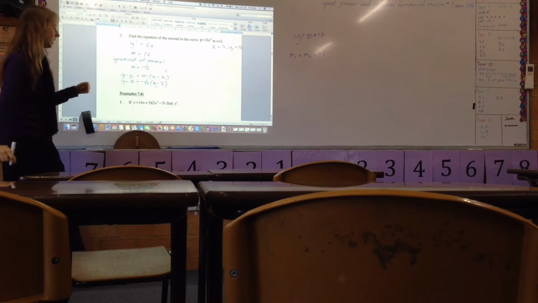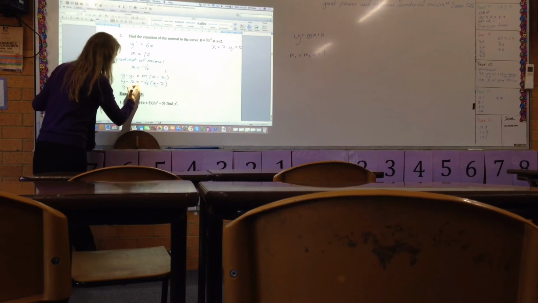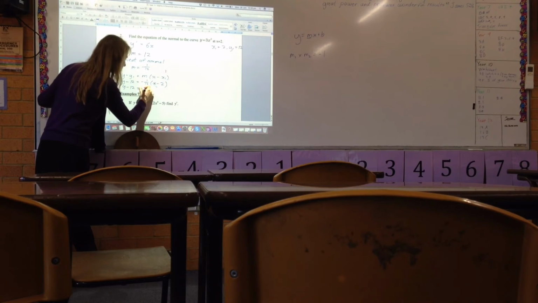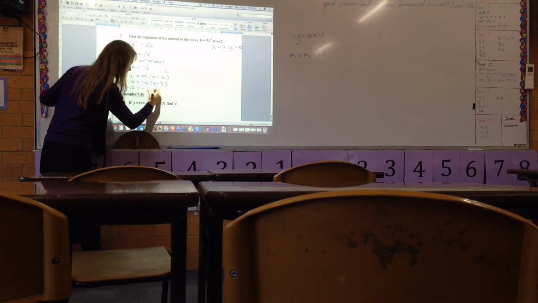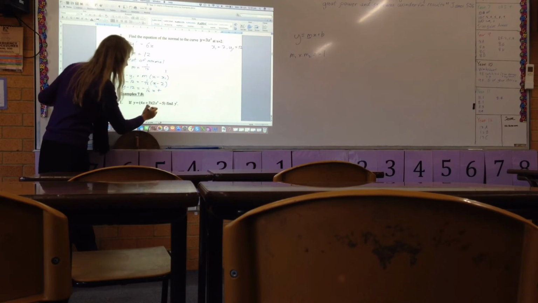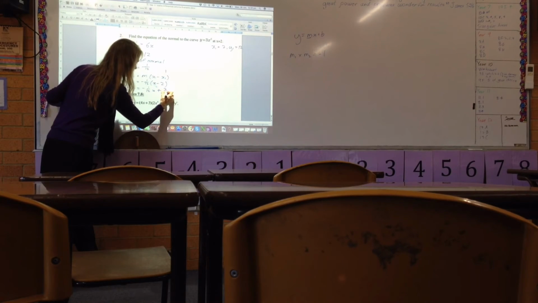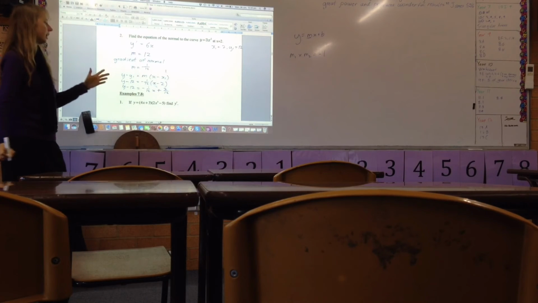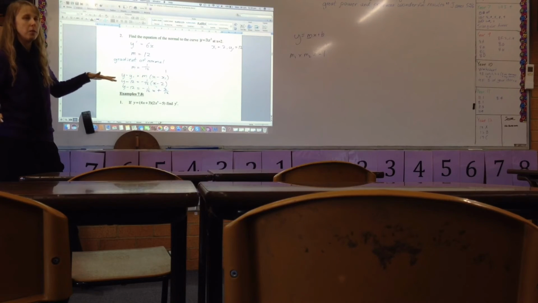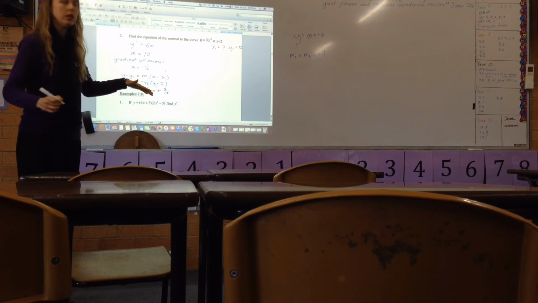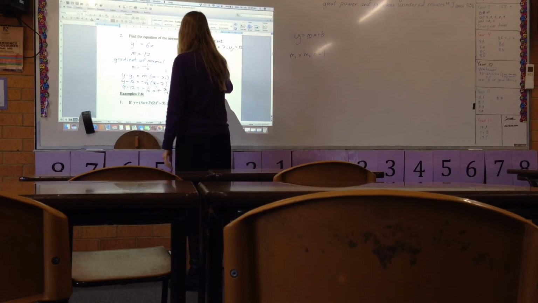Okay, I have that. Expand out the brackets: y minus 12 equals minus 1 over 12x plus 2 over 12. I want to get rid of the denominator of 12. How do I do that? Times everything by 12.